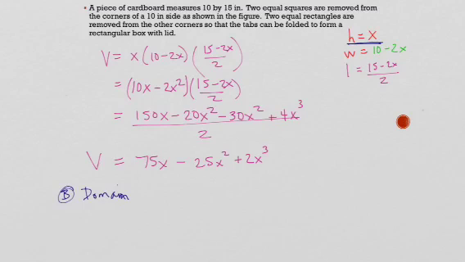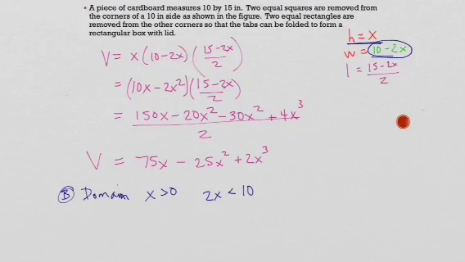I can't have nothing. I have to have a height. So x has to be greater than 0. Well, if x is greater than 0, then if I solve this guy, 2x has to be smaller than 10, because 10 is my maximum width, and I'm cutting parts off of it.